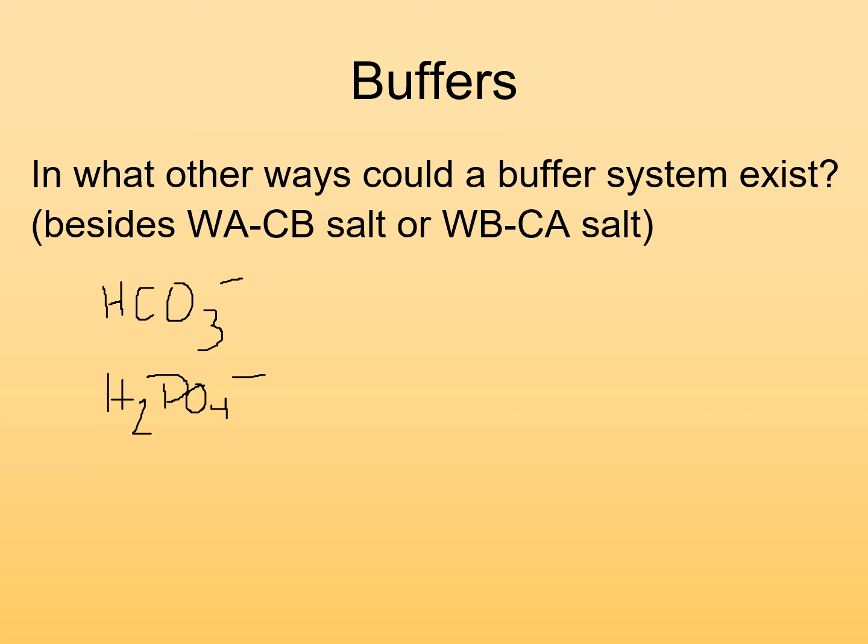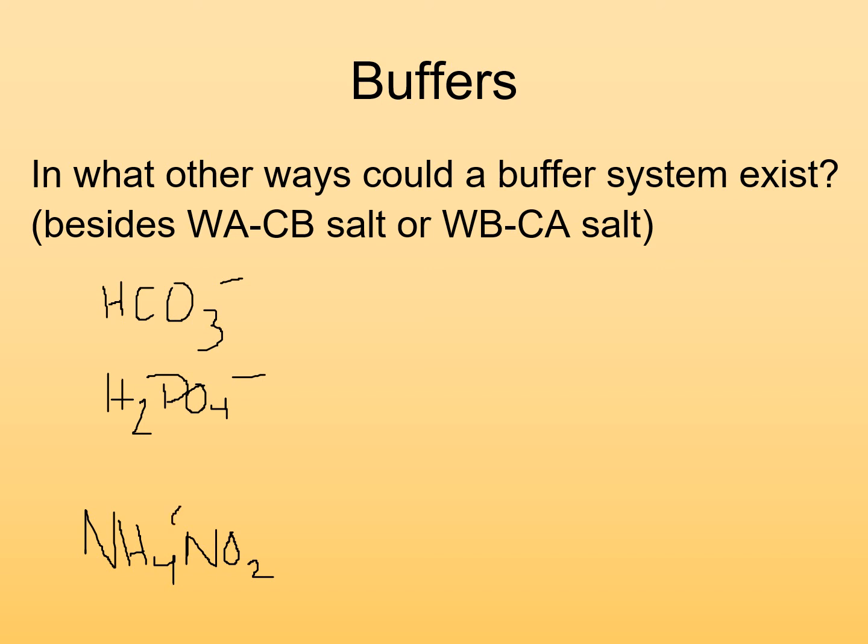Another example where you have a buffer, even though it's not a weak base with its conjugate acid, is if you have a salt that is not going to produce any spectator ions. So something like ammonium nitrite. All of this will cancel out, and we're not going to have any spectator ions.